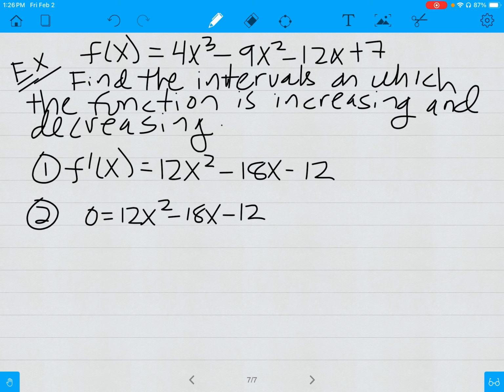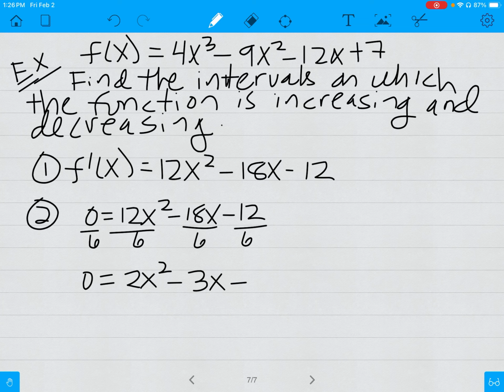And let's see. If we divide, all of these have a common factor of 6. So I'm actually going to divide out by that, again, just because that sometimes makes the factors easier to see. So then we get 2x squared minus 3x minus 2.